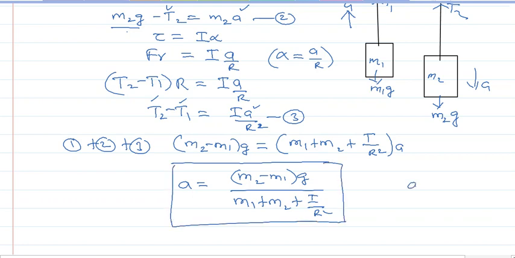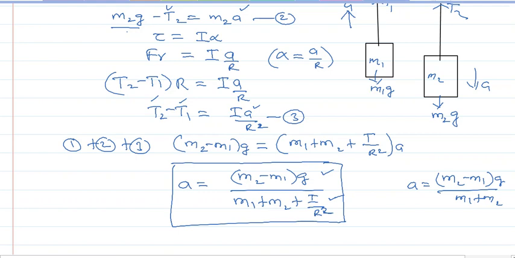That is A equal to M2 minus M1 of G divided by M1 plus M2, net force by total mass. Here also the net force is the same, but the total mass includes the pulley, that is, I by R square represents the mass of the pulley here. Okay, so this is the acceleration of the system.